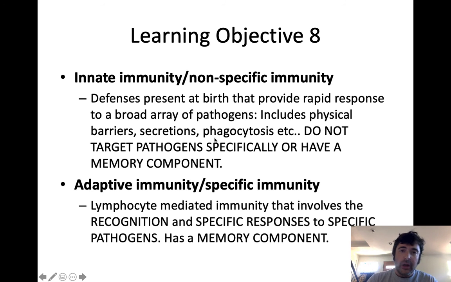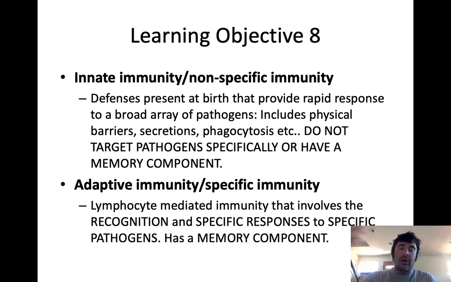You have cells that undergo phagocytosis that just go around and gobble things up. But one of the important things about innate or non-specific immunity is that they will respond to any immune threat, meaning they'll be present with any immune threat, and they don't form a memory. So innate or non-specific immune responses don't form a memory, and they'll target every pathogen the same way.